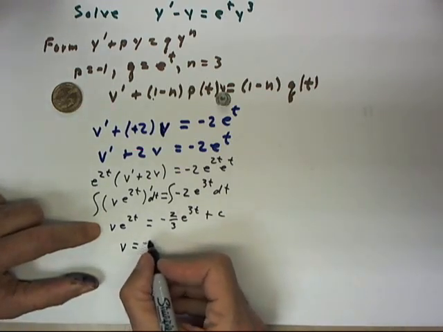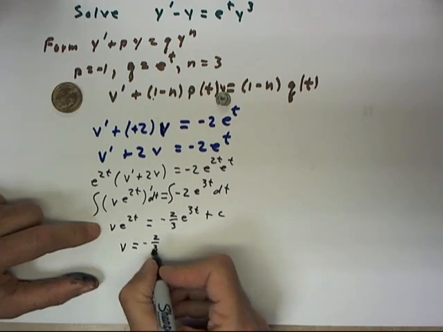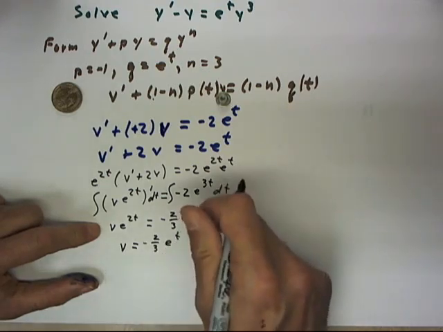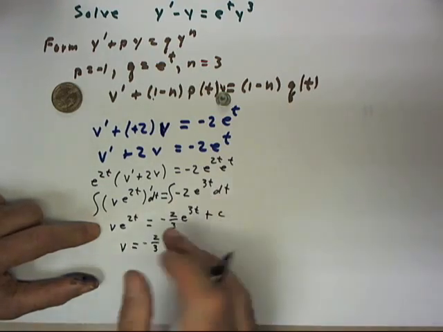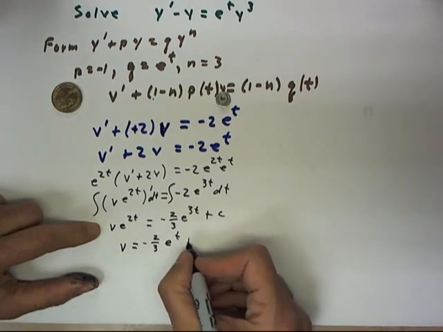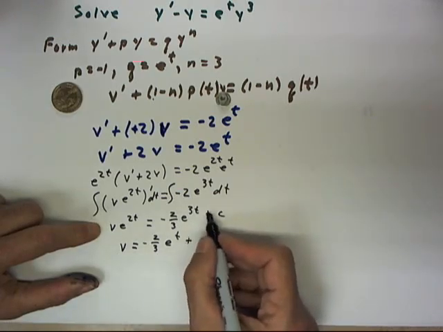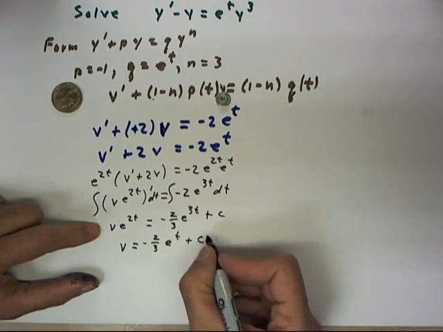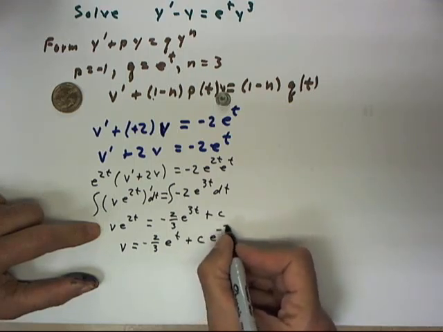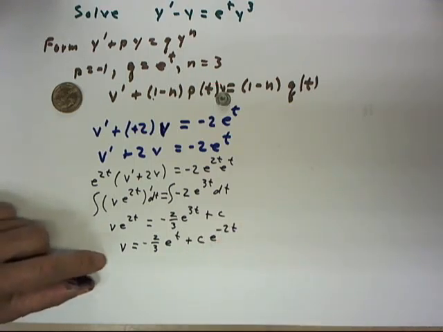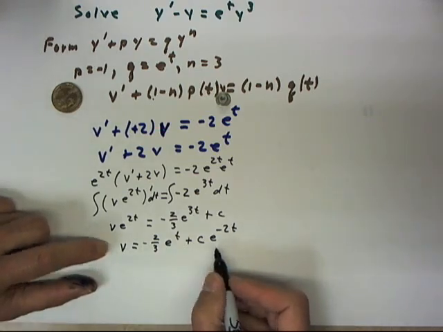We're going to get v equals negative 2/3 e to the t, because when we divide e to the 3t by e to the 2t, of course, we get e to the t, plus c divided by e to the 2t, which would be c e to the negative 2t. So here's our general v function.